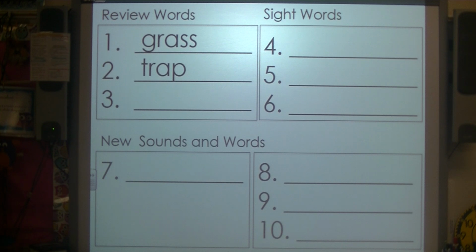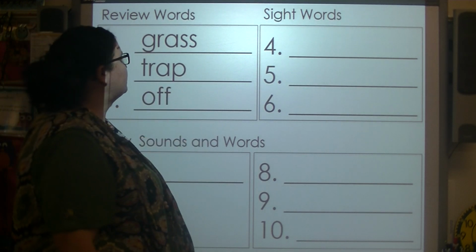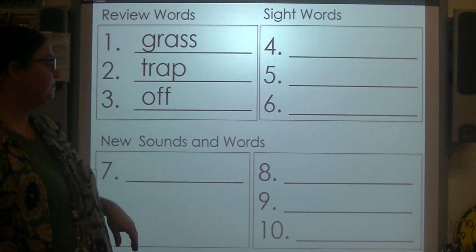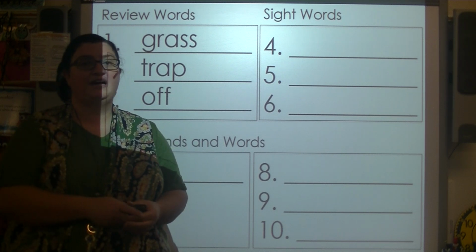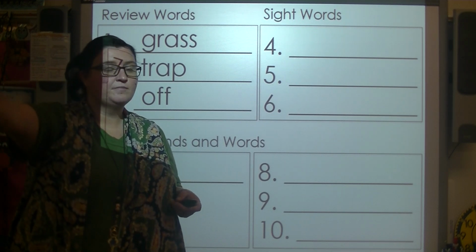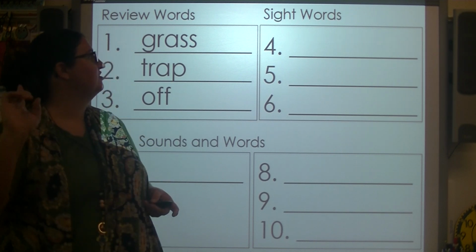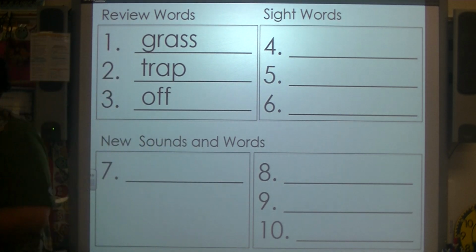All right, let's spell off. O-F-F. What word? Off. All right, number 4. We're going to spell the word there, as in a place. Please put your backpack back there. Number 4.